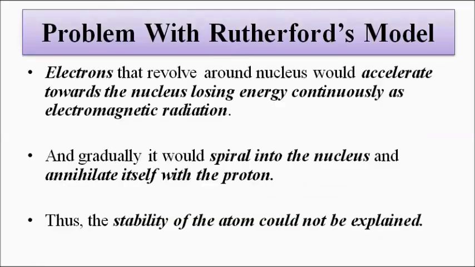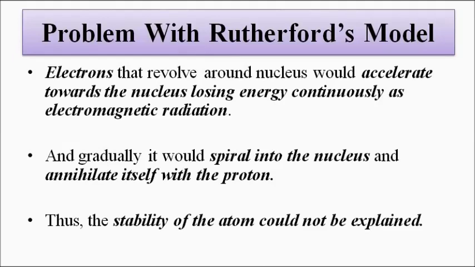So the problem with Rutherford's and Chadwick's model was that as electrons move around the nucleus, they will have a force of attraction towards the positive charge present in the nucleus.